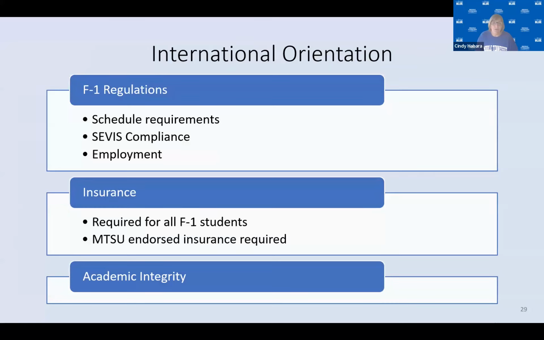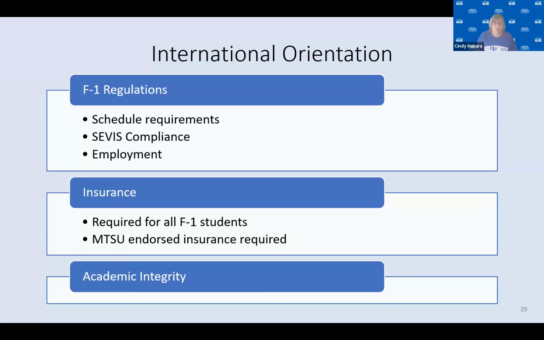With this orientation, we're going to talk about the F1 regulations and the schedule requirements. We'll talk about that in one of the other webinars, and the visa interview webinar will cover it a little bit as well. We'll cover SEVIS compliance, what you need to do to remain in compliance. If you are not in compliance, our job is to send you home.